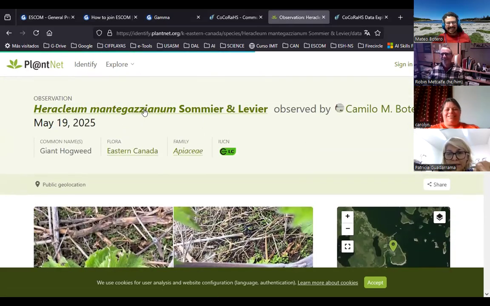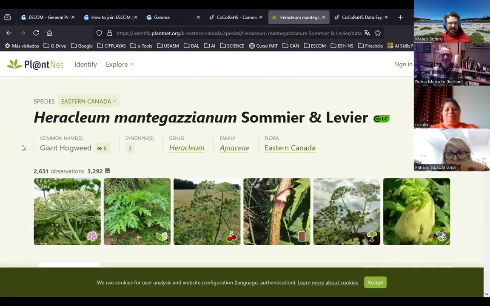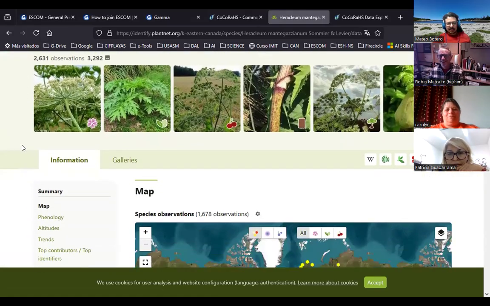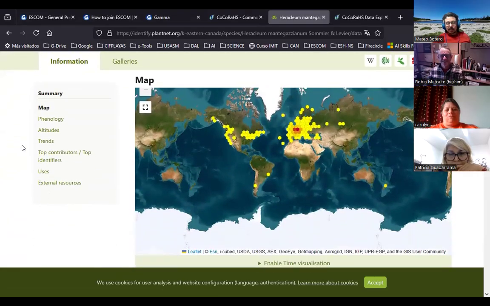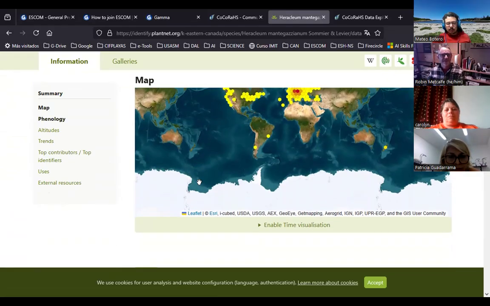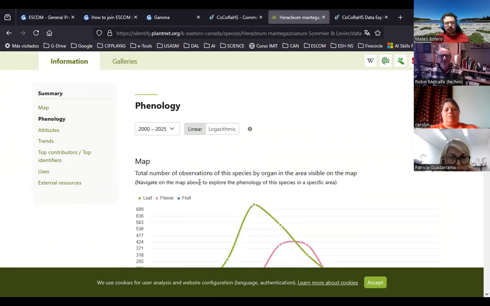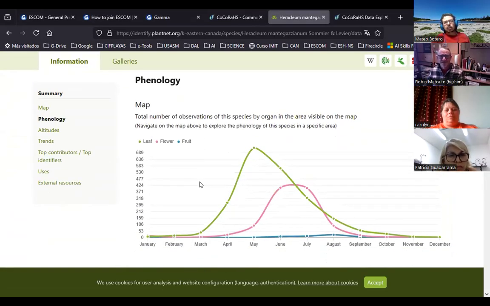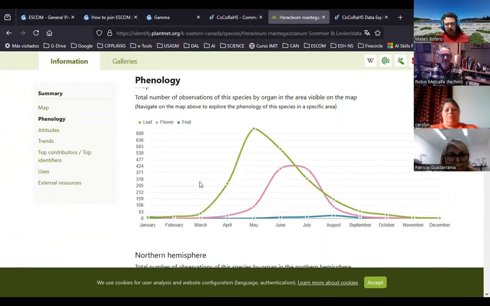But it's important to remove the invasive species. This map could also give us an idea if this is invasive or not. It's at the same latitude, and there are some in the north part of Norway. Here in PlantNet we can check some phenology, but it's just based on the data they have. We can see the leaf.